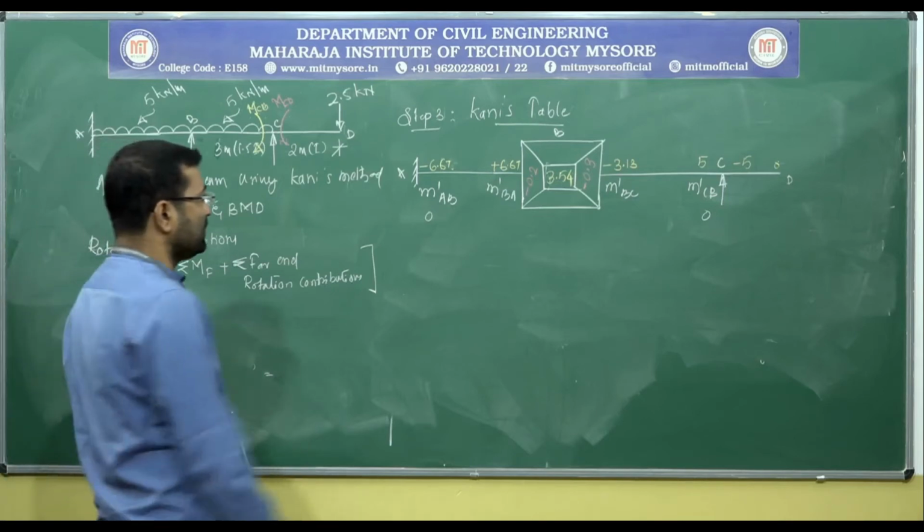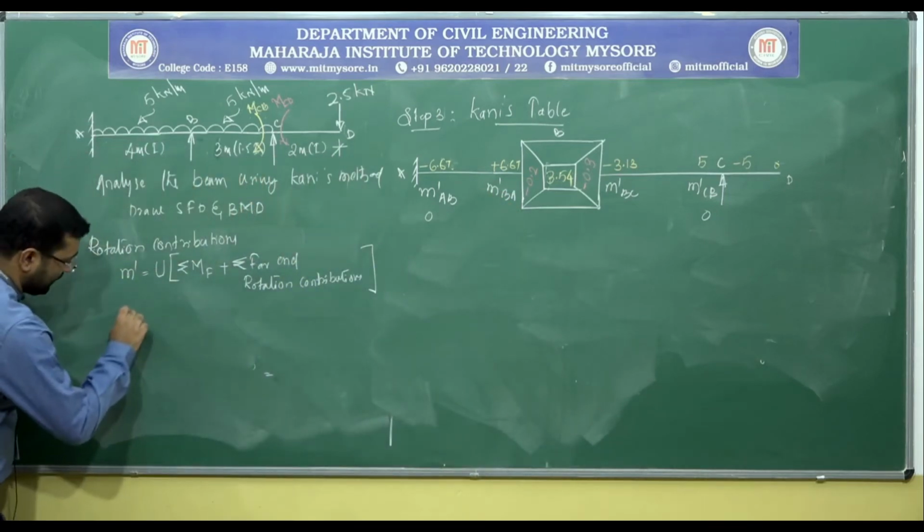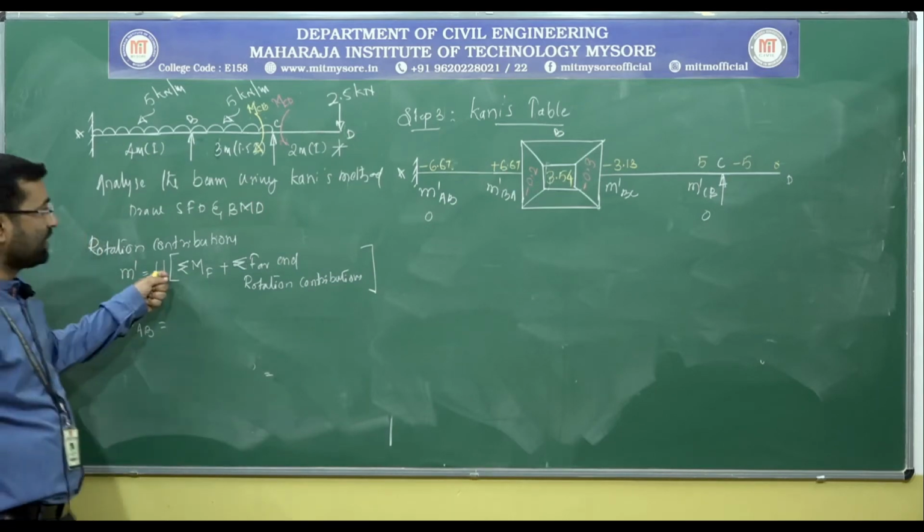Now let me start with this value, that is M dash AB. So M dash AB is equal to the rotation factor u.